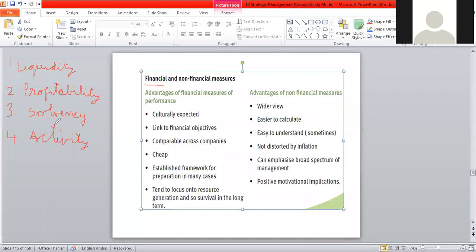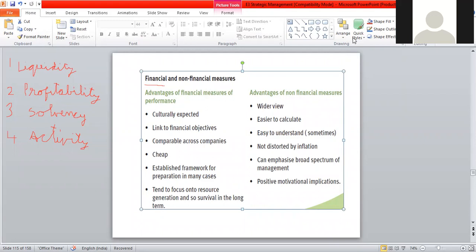The discussion about advantages and disadvantages was done the other day. Financial measures are not easy to understand for laymen, people who do not have financial knowledge. Maybe for them it may be difficult to understand, but they depict a better image of the organization in terms of how it is able to achieve the strategy of the organization.